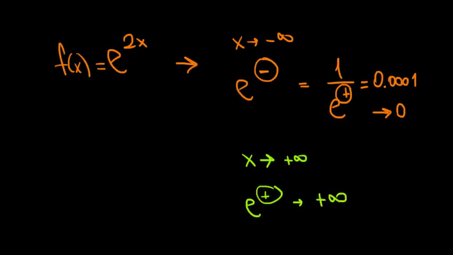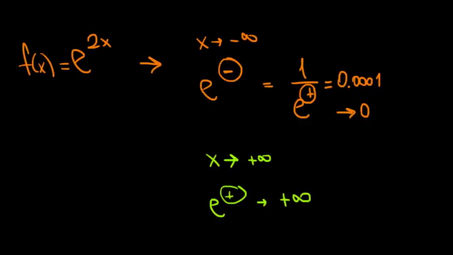So what can we conclude from here? What is the range of the original function? What kind of results do we get out of the function? Well, we get values close to 0 but never actually touching 0, so it's going to be from 0 until positive infinity, and that would be the range of the original function.